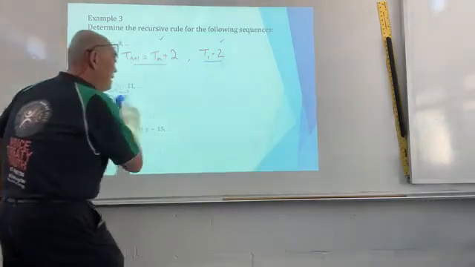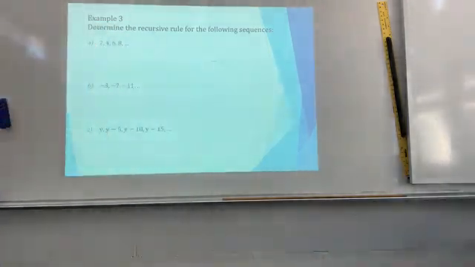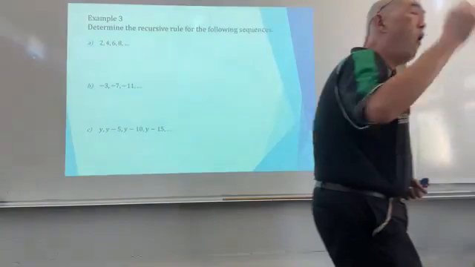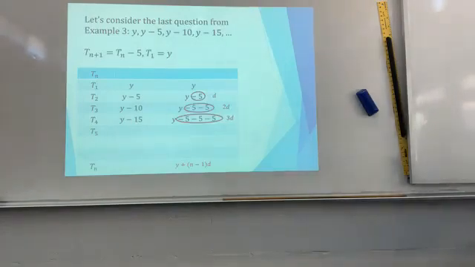Now I'm going to look at using the last one, C, to derive the general rule or the explicit rule. All right? Now, with the recurrence rule, you always have to specify T1. Whereas with the explicit rule or the general rule, you do not have to specify T1. Now, look at this. What I've done is set it up in terms of a table and start looking at the difference.